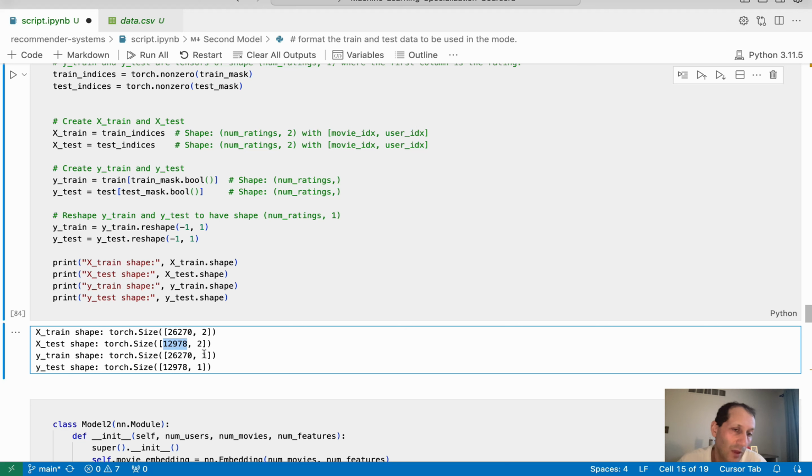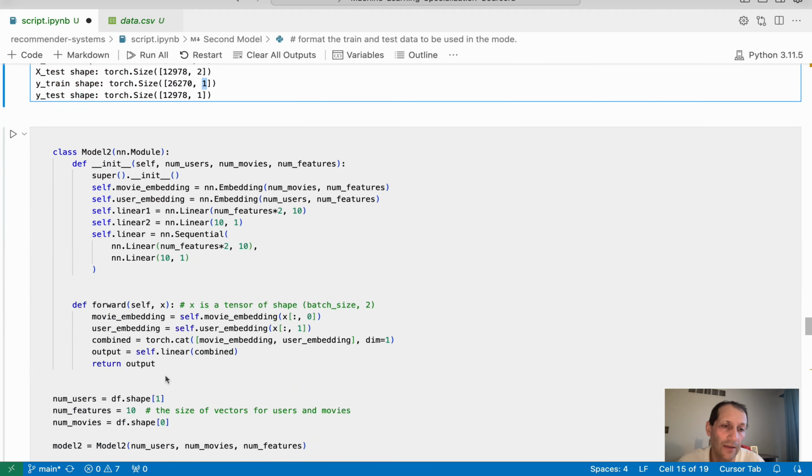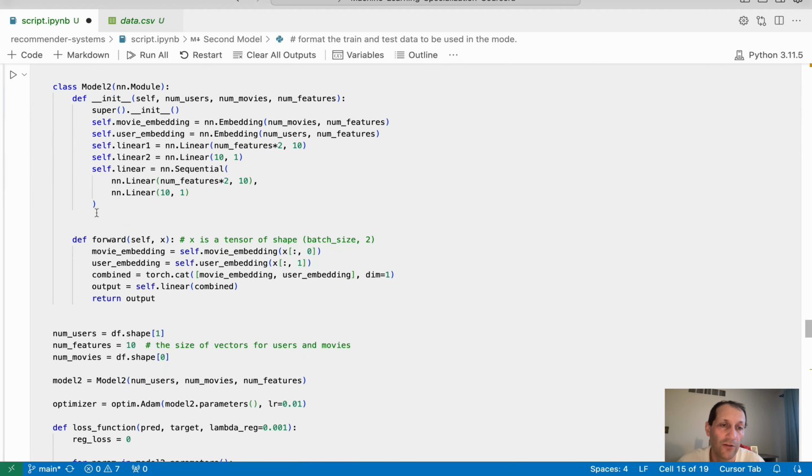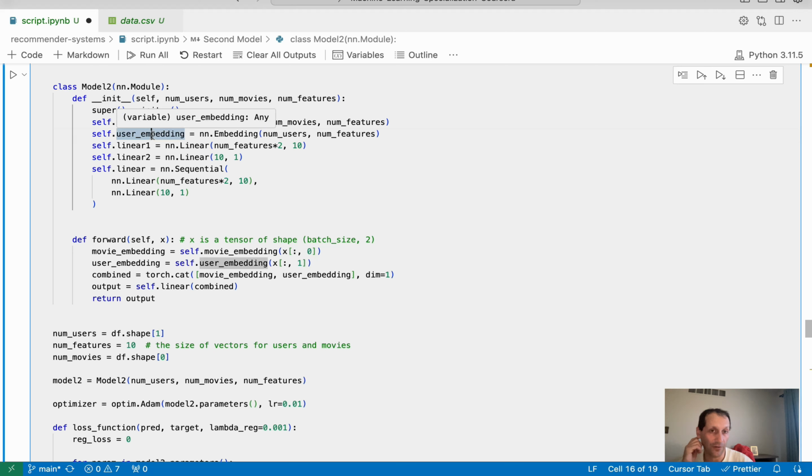And the Y data sets have only one column, which is for the label. Here's how the model would be constructed. You have a movie embedding and user embedding layers. These are really the same as what we talked about before. Embeddings are ways of vectorizing these integers, which is the user ID or the movie ID.